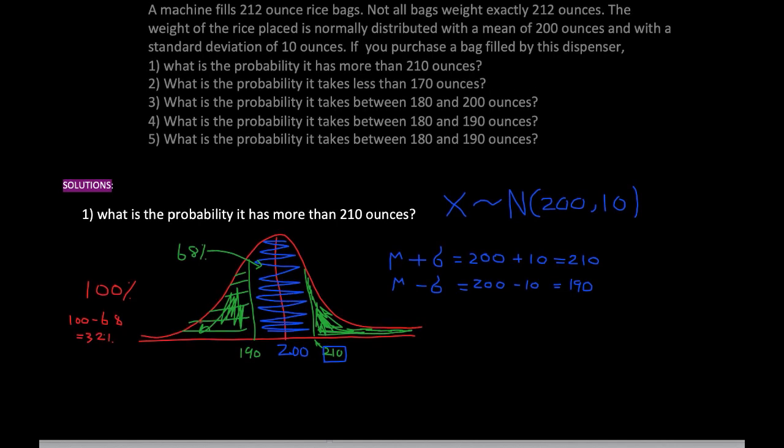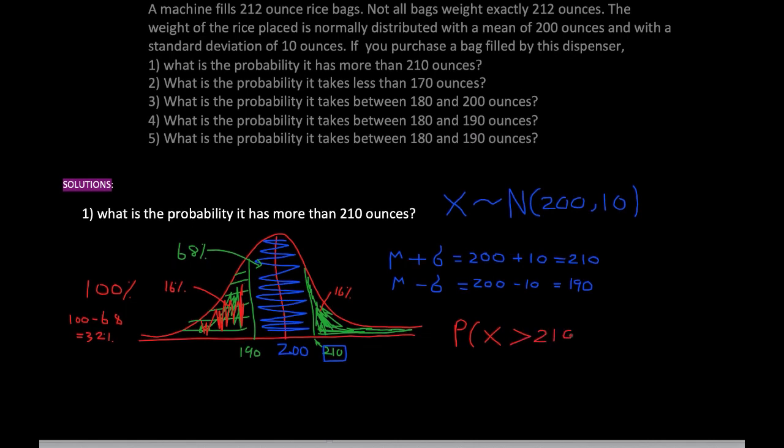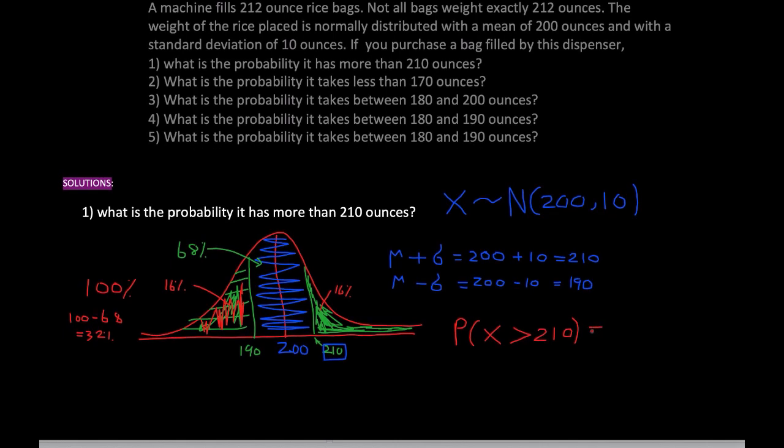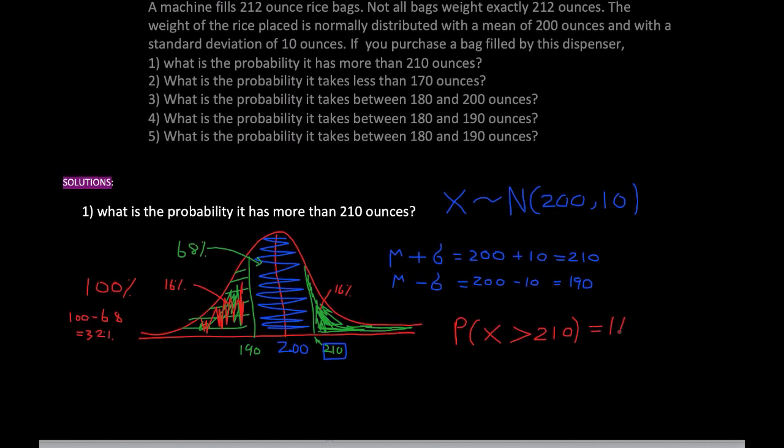But we know this is a symmetric distribution, therefore the left hand side area should be 16% and the right hand side green area should be 16%. 16 plus 16 equals 32. The areas must be the same. Therefore, the probability of more than 210 ounces equals 16%.